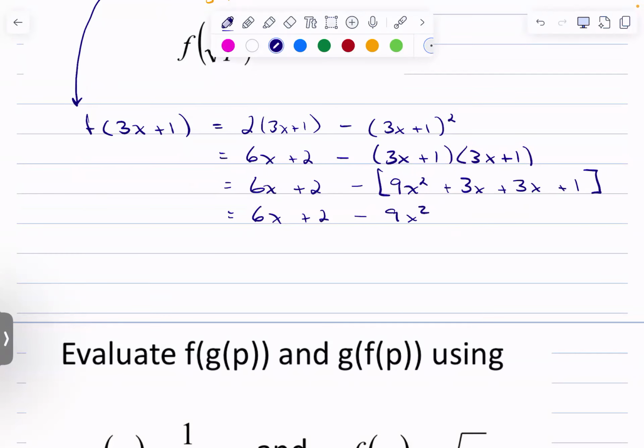This makes 6x, but minus 6x minus 1. 6x minus 6x, that goes away. And now I have negative 9x squared plus 1.